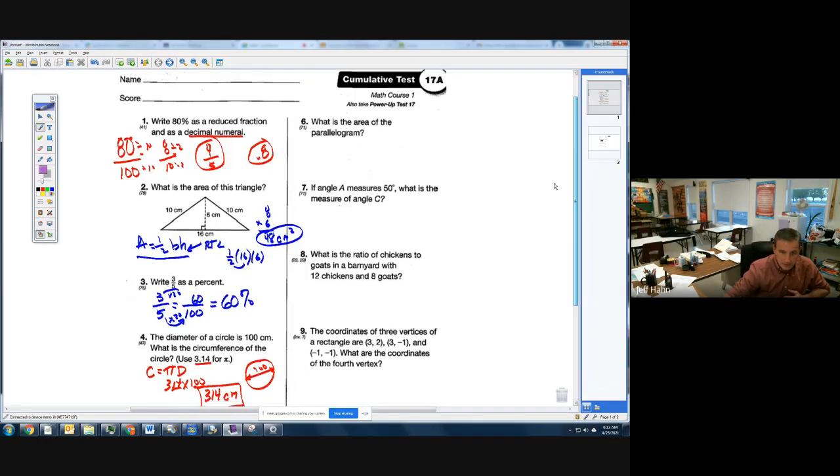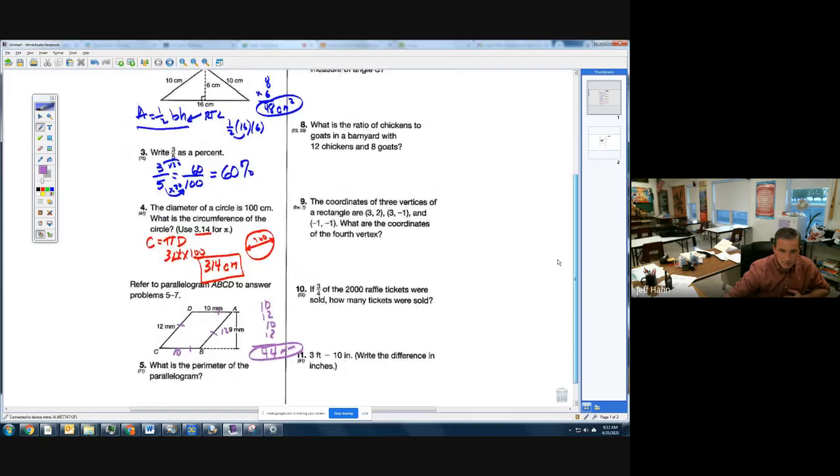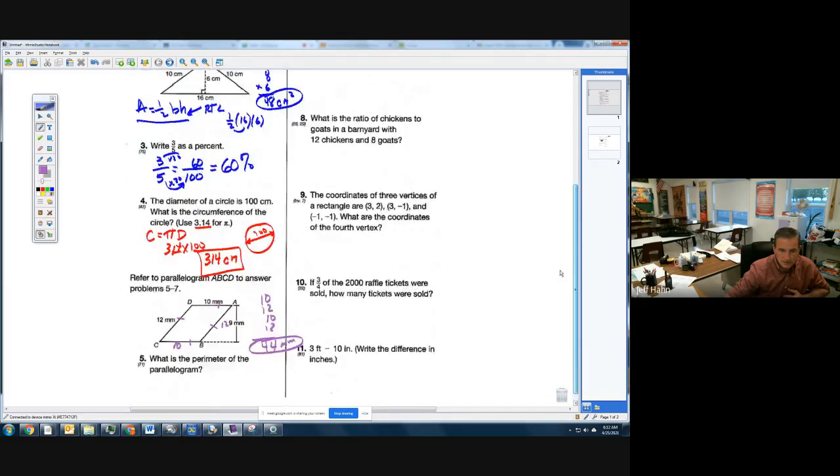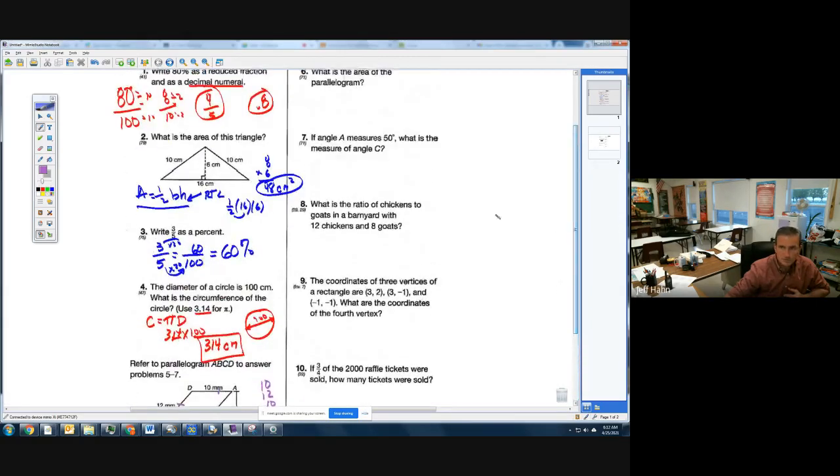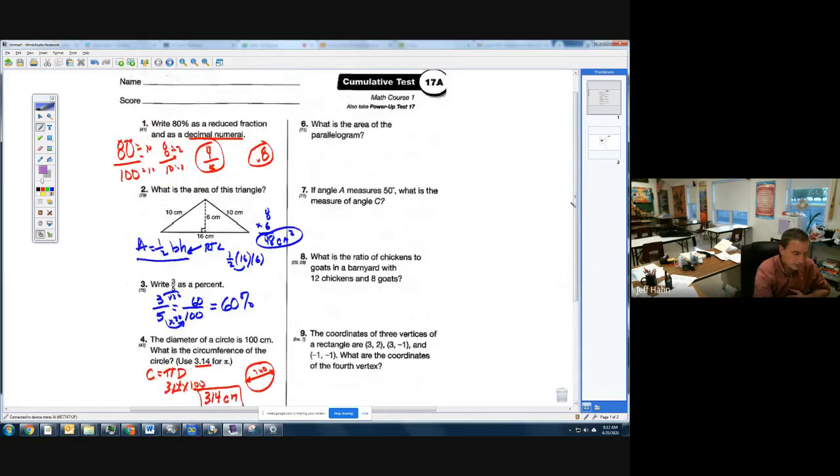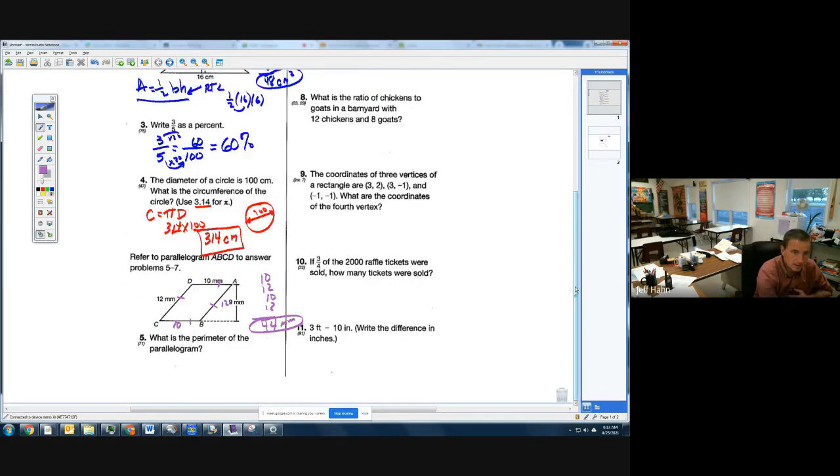Problem number 6, going back to that same shape, a parallelogram. The formula for a parallelogram, please understand this, is area equals base times height. It's not length times width. So as I go back to this parallelogram, I do not use 10 times 12 because those don't form right angles.